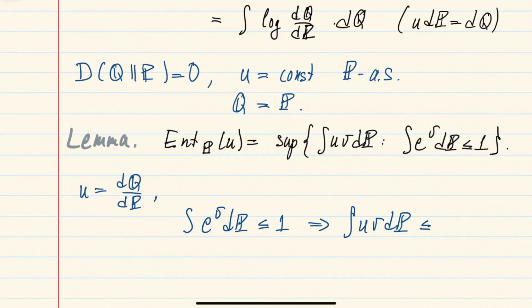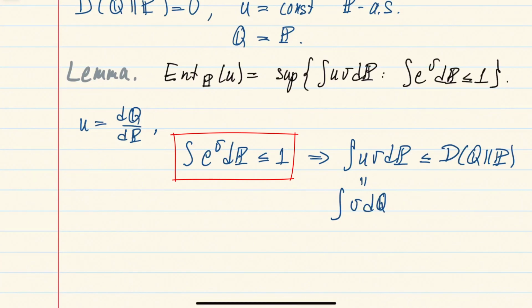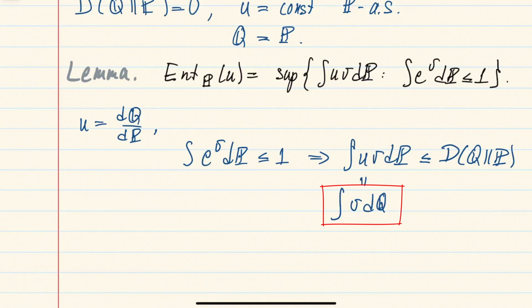So it's less than or equal to the entropy, which in this case is the divergence. Moreover, since u is this density of q, it's the same as the integral of v with respect to q. In other words, if the integral of the exponential of some function v with respect to p is bounded by 1, then automatically the integral of that function with respect to measure q is bounded by this divergence quantity D. Okay. So we'll use this variational representation in this particular way.